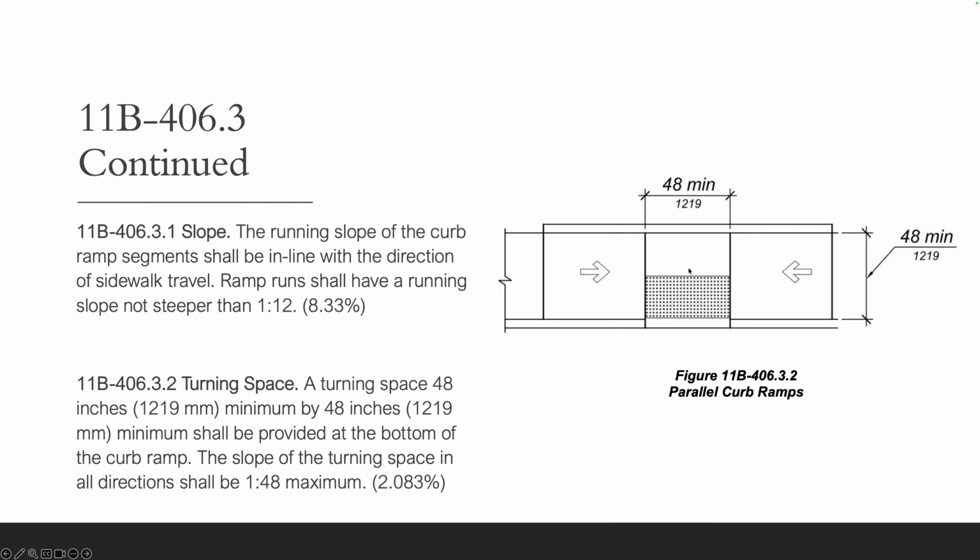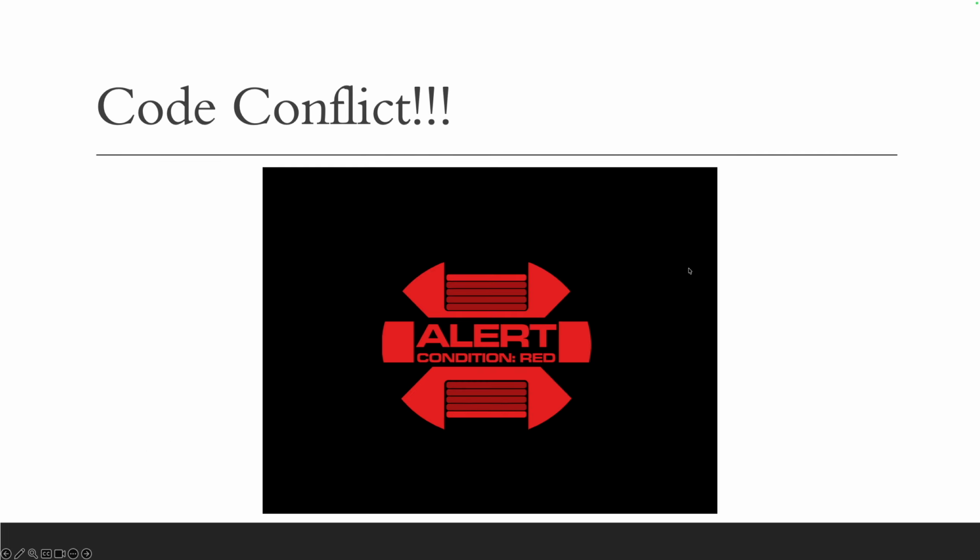That's 1 to 48. So if you were designing a new curb ramp or evaluating one in the field, you might see this. It says 48 by 48. You look at the curb ramp in front of you, be it on your screen or in real life. You measure it, it's 48 by 48. You think you're good. All is well. Let's move on to the next item.